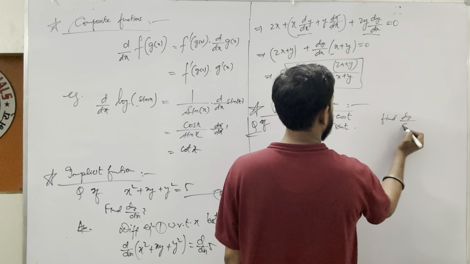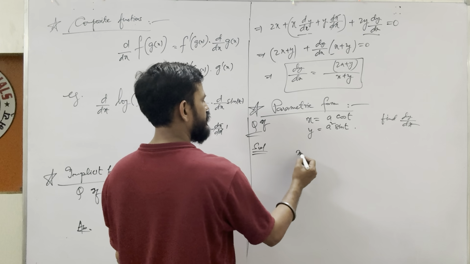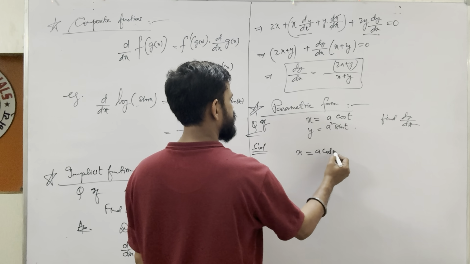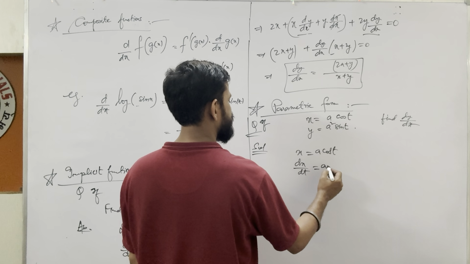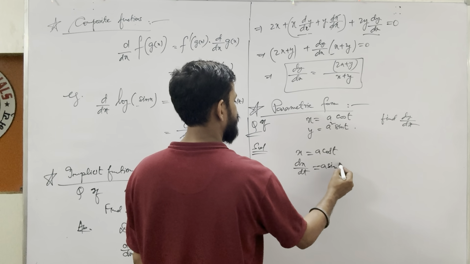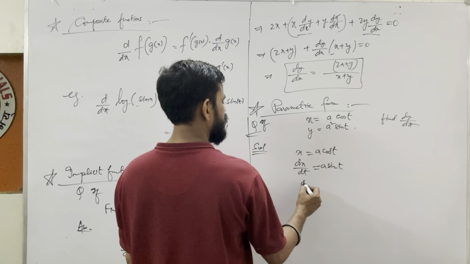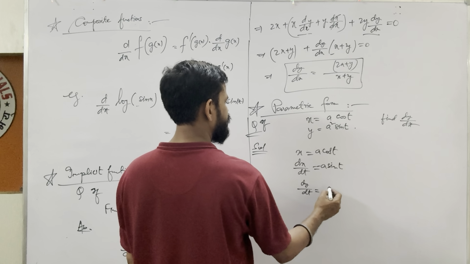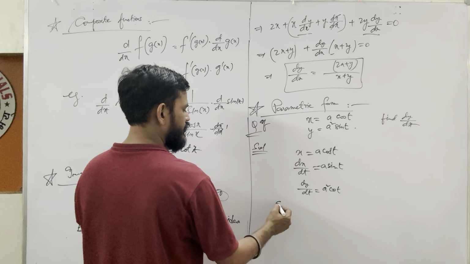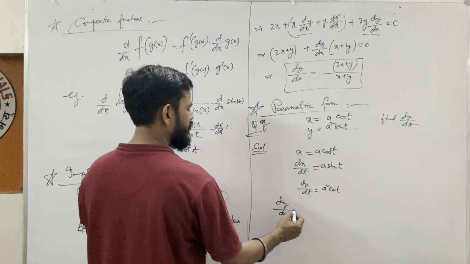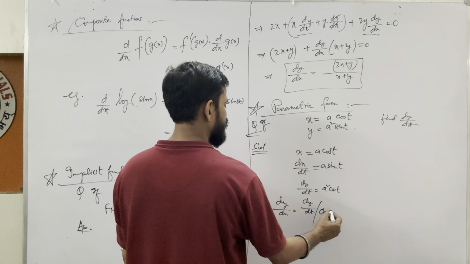So if this is this, find dy/dx. Now in this case what we need to do, we have x equal to a cos t, we differentiate it with respect to t, dx/dt becomes minus a sin t, and we differentiate y as well, so dy/dt becomes a² cos t. Now dy/dx will be dy/dt whole divided by dx/dt.